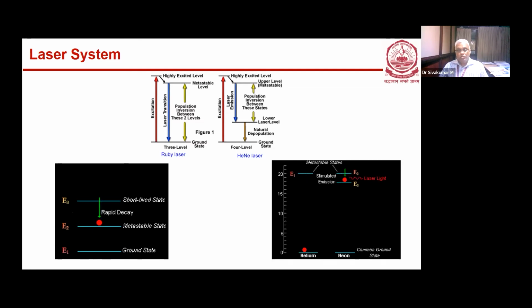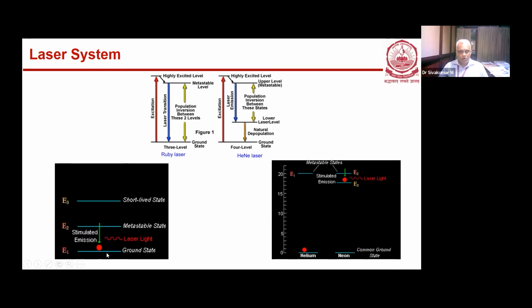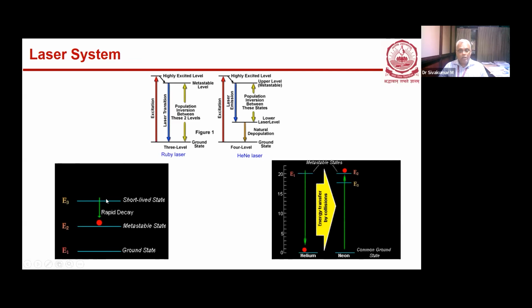So in order to avoid that problem, people started thinking about 3 level and 4 level systems. That's what is given here. If you see the 3 level process in the animation, the atom is excited from the ground state to E3, a short-lived state.